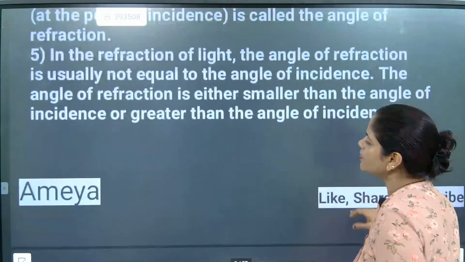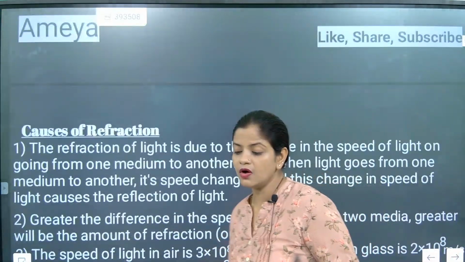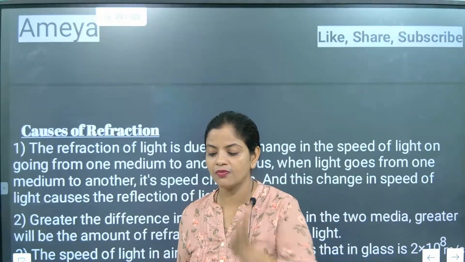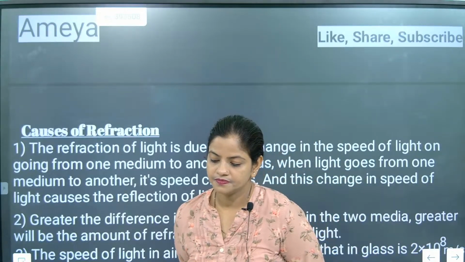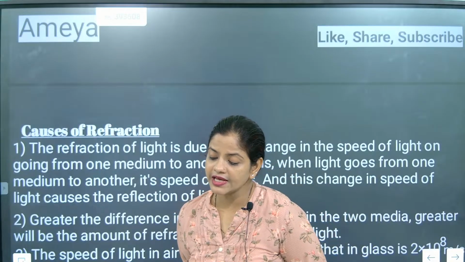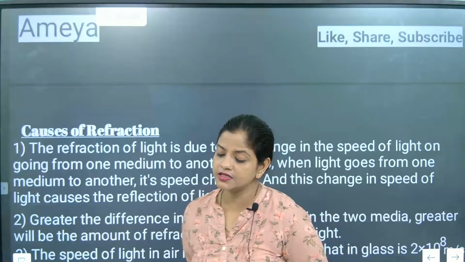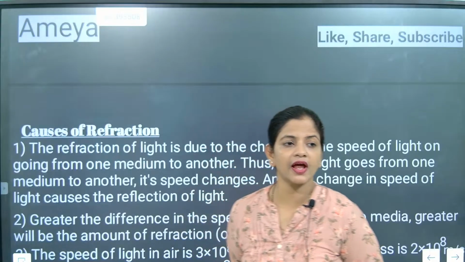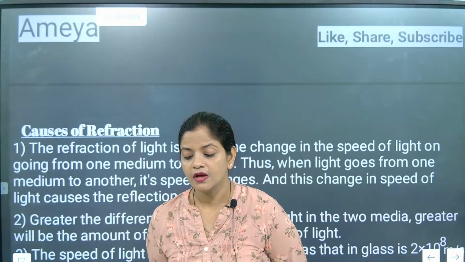Now, when it is coming out from a denser medium to a rarer medium, it will bend away from the normal. In this case, we can say the emergent ray is equal to the refracted ray. In which case, beta?